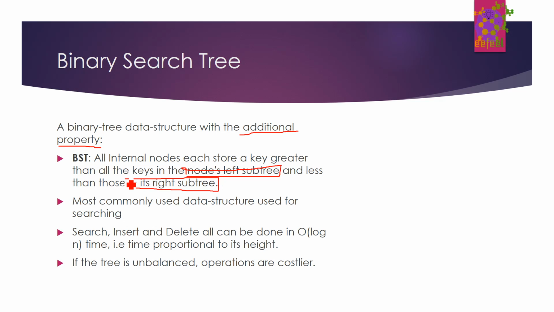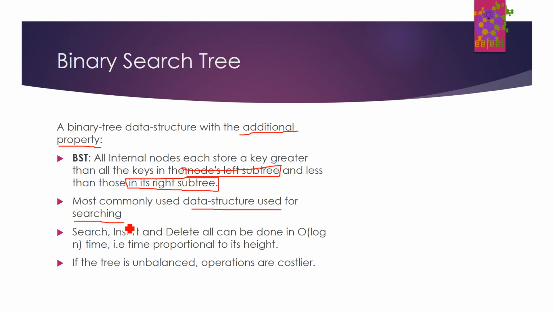That's an important property of binary search tree, and this property helps it become a special tree which can be used in a variety of applications, especially related to computer science. In fact this is one of the most commonly used data structures for searching.